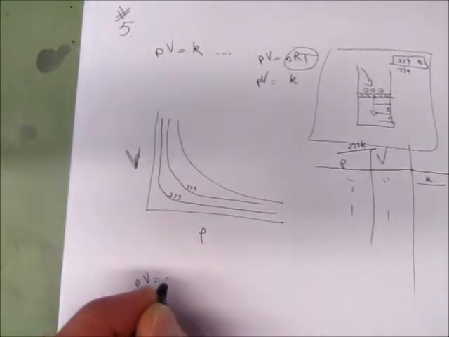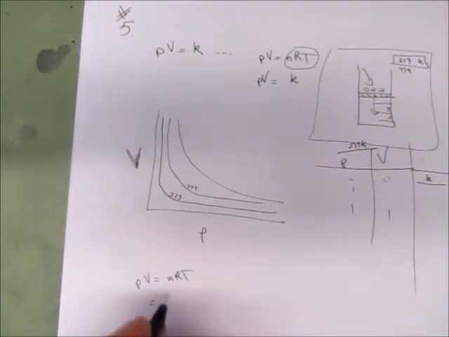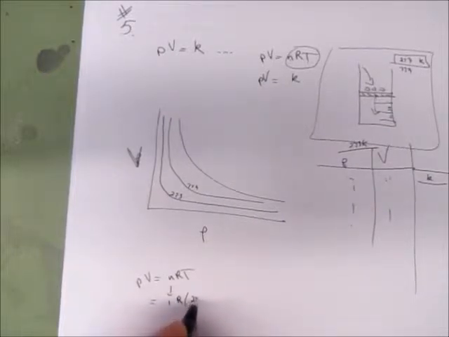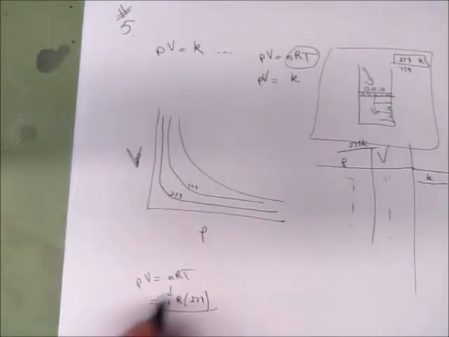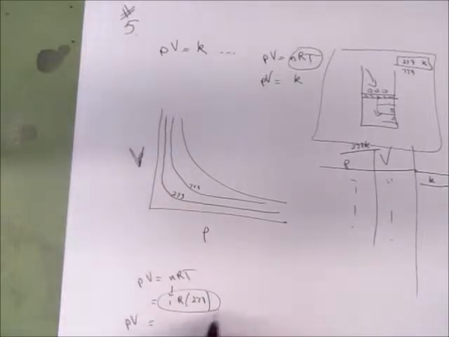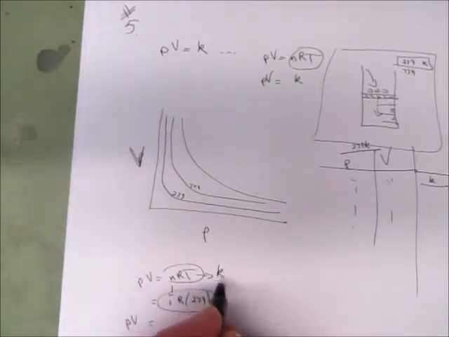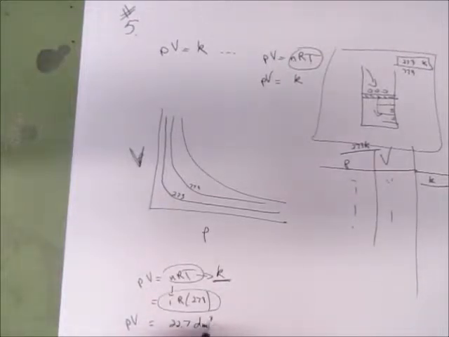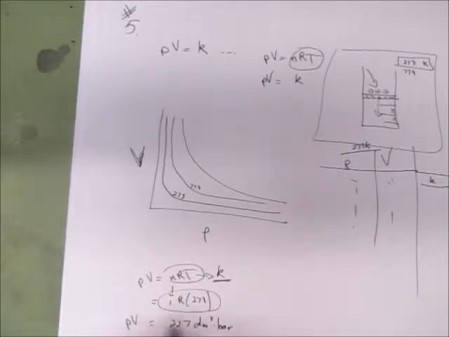The interesting thing is, if you put in 1 mole, R, and then your first temperature is 273, these 3 things multiplied together come out to be this constant Boyle found, 22 decimeters cubed times a bar.